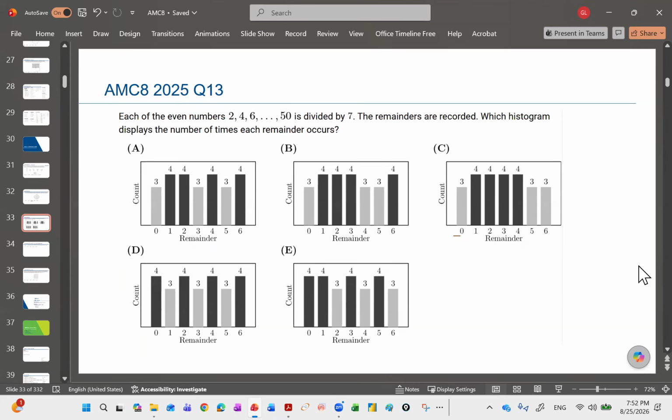I think your method also works, and it is more systematic, because you try to find out all and eliminate these kinds of answers. But if they didn't provide these A, B, C, D options, and they asked you to list out 0 to 6, how many remainders are left? You would have to write them out.